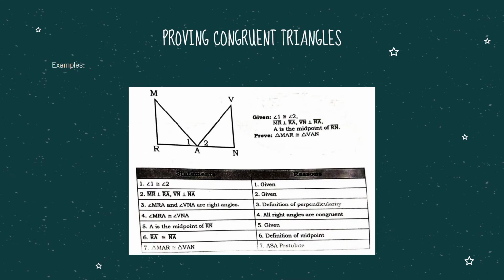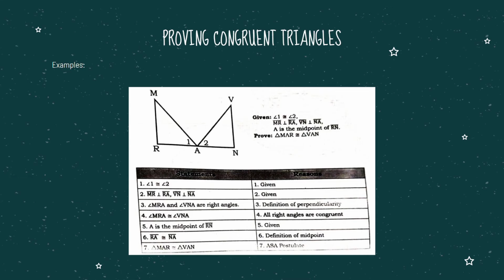Next, we have the given: angle 1 is congruent to angle 2. Line segment MR is perpendicular to line segment RA, and line segment VN is perpendicular to line segment NA. A is the midpoint of line segment RN. We have to prove that triangle MAR is congruent to triangle VAN.